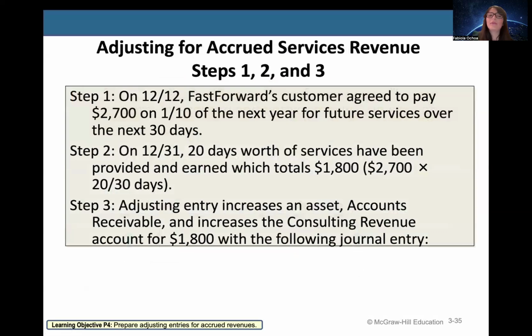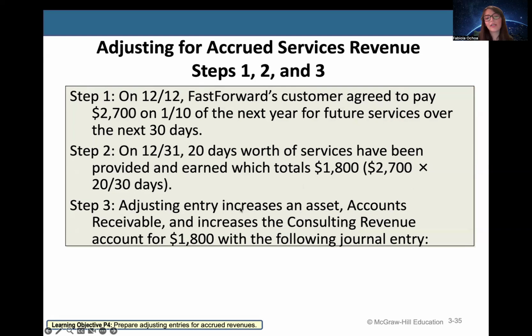So for an example, on 12/12, Fast Forward's customers agreed to pay $2,700 on January 10th of the next year for future services over the next 30 days. On 12/31, 20 days worth of services have been provided and earned, which totals $1,800. That is 2,700 times 20 divided by 30 days.